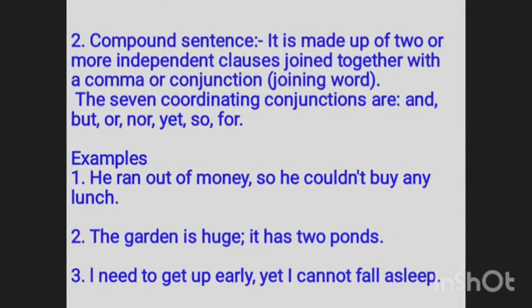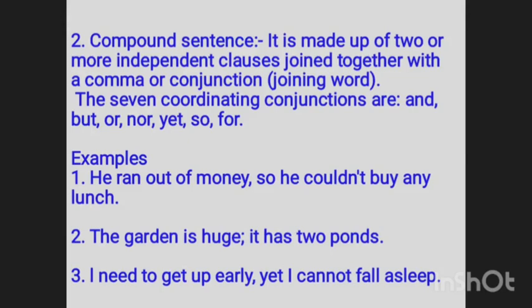Let's go to number 2. We have the compound sentence. A compound sentence is made up of two or more independent clauses joined together with a comma or conjunction. It is joined together with a comma or conjunction.